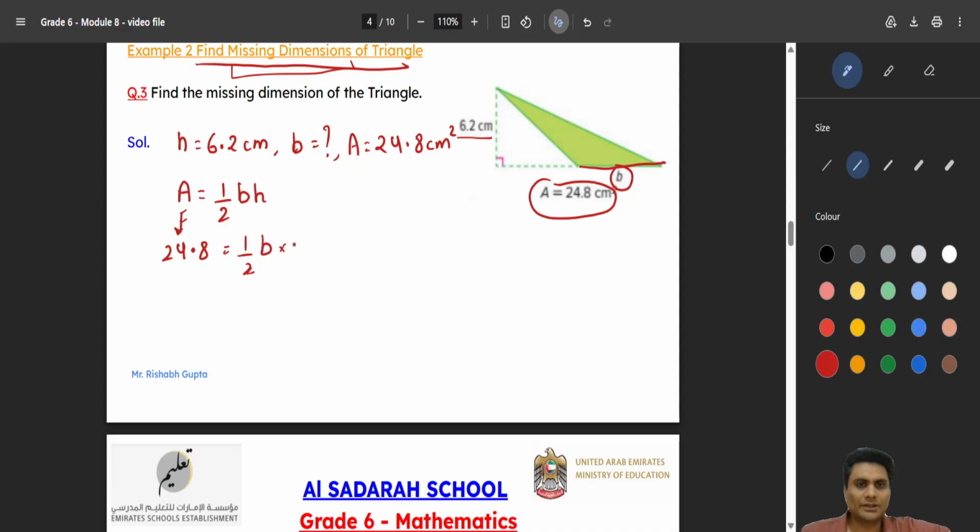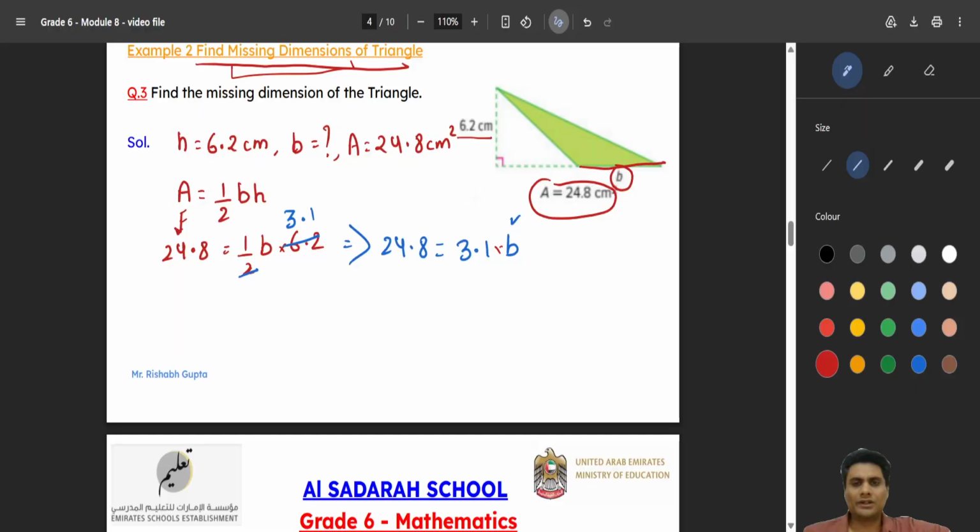And the height is how much? 6.2. Now, before I do anything, I can divide the 6.2 by 2. It will give me 3.1. So what do I have now? 24.8 is equal to 3.1 B.